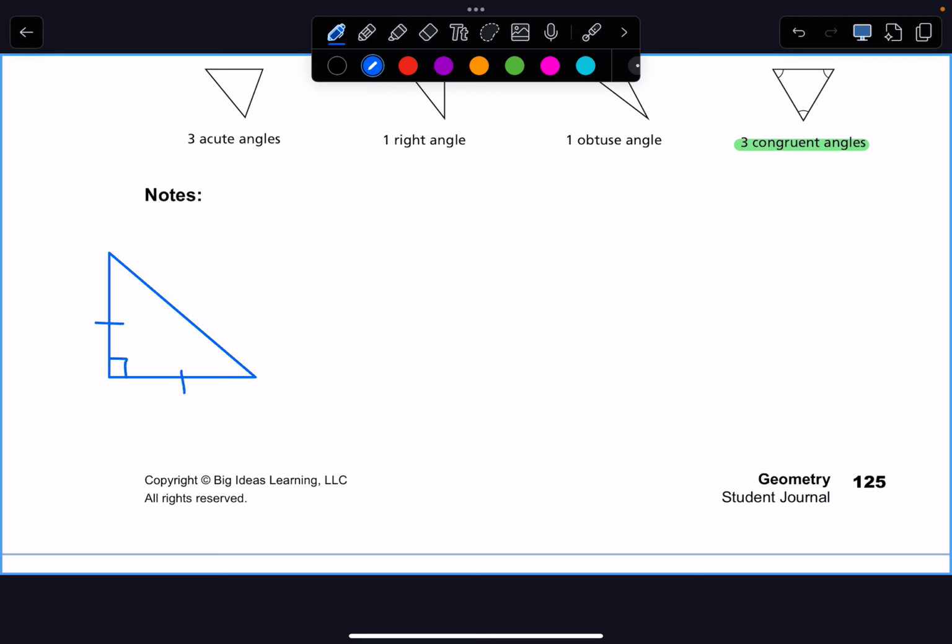Draw that picture. Conway, what kind of triangle is this?